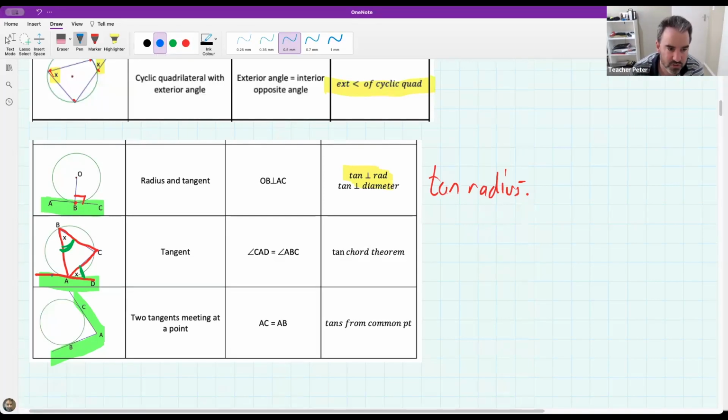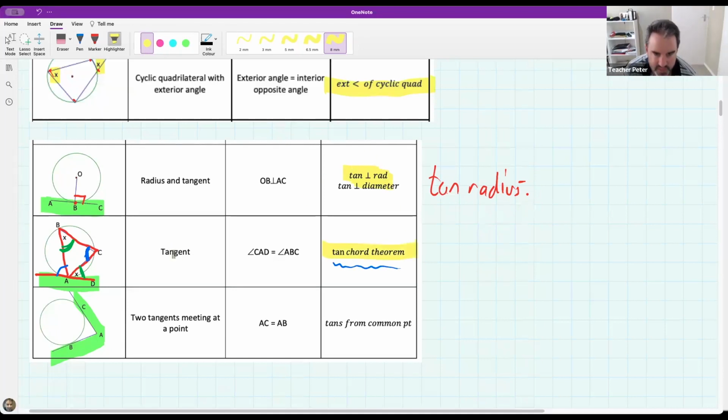But it also works from the other side. So the angle between the tangent and the chord here is going to be equal to the angle over here. This is called the tan chord theorem, or sometimes the windsurfer theorem, because it looks a bit like a windsurfer.